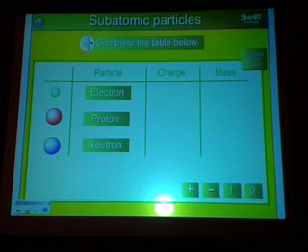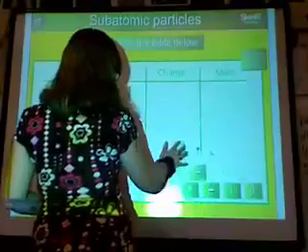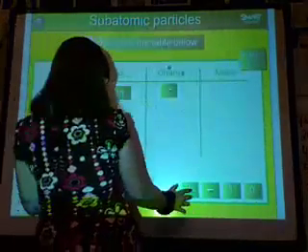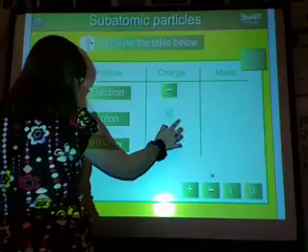So who can come fill in this table now? Brianna? You should be able to do this. In fact, this looks like a good table to put on a test or a quiz in my mind. Electrons, negative charge. Protons, positive charge.